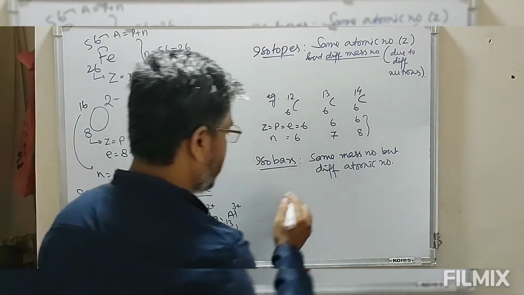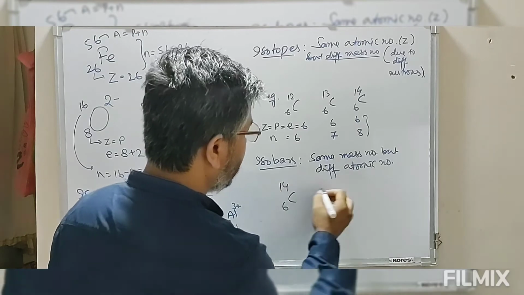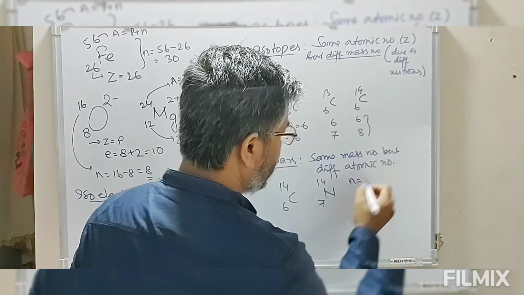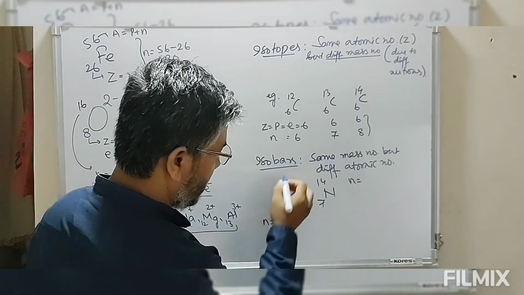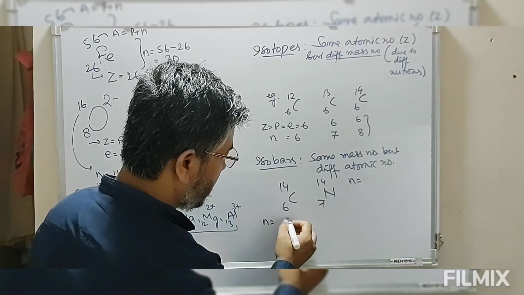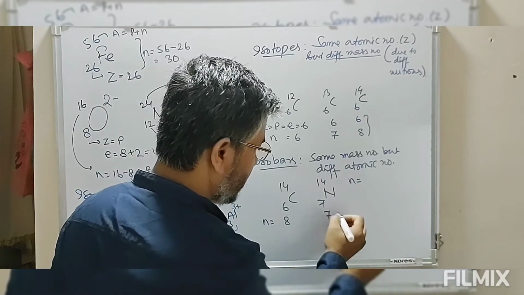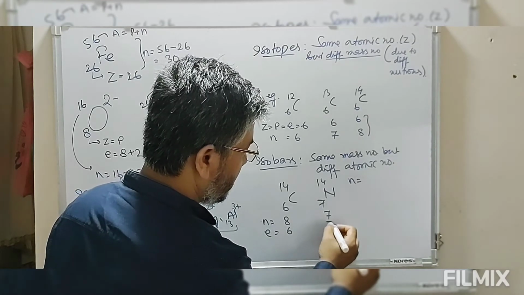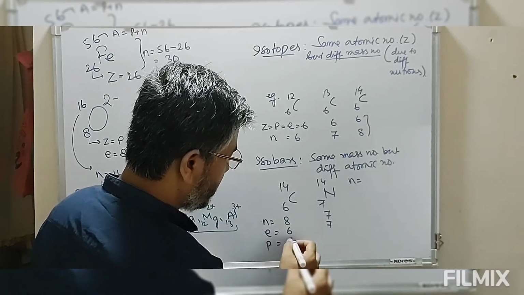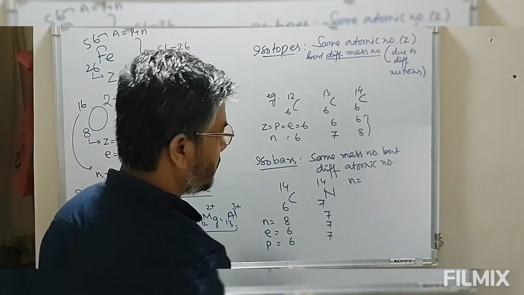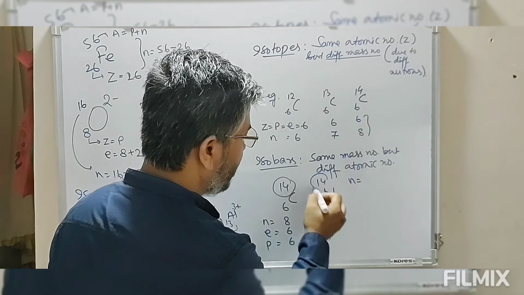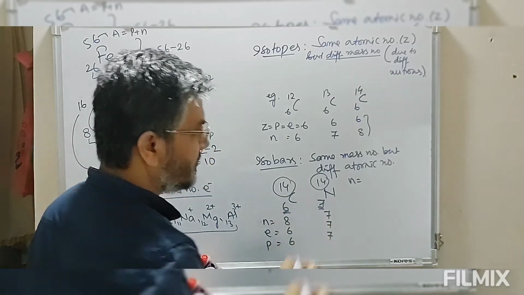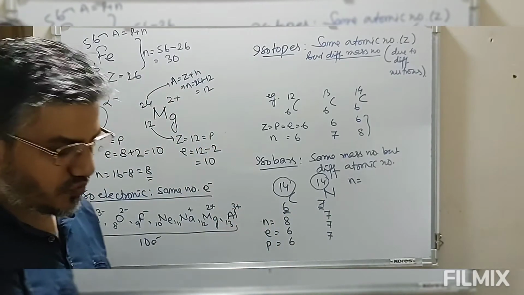Take this example: carbon 6, 14 and nitrogen 7, 14. The number of neutrons in this case is 14 minus 6, 8, and 14 minus 7, 7. The number of electrons is 6, 7. The number of protons is 6, 7. So we have identical mass numbers, but different atomic numbers. So this comes under isobars.